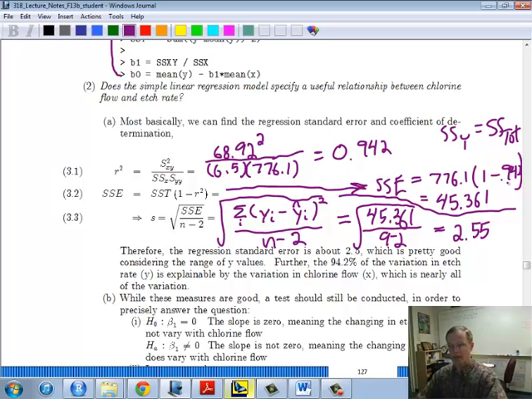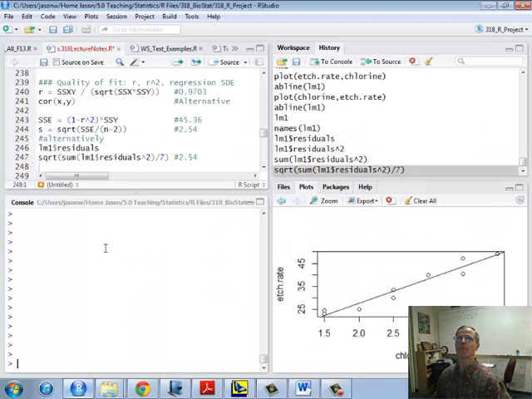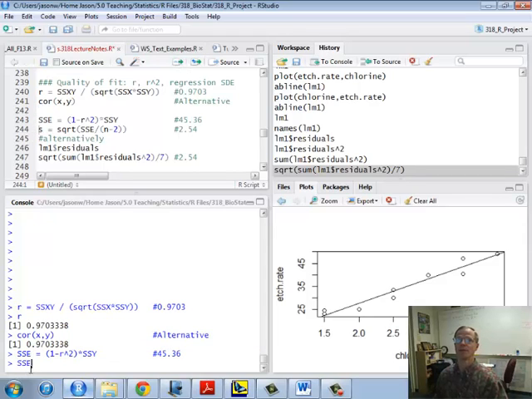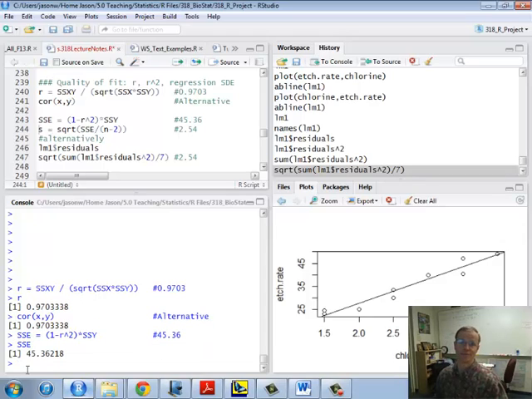Now, let's go ahead and do that on R briefly. In R, just moving down the file, we can hit it right here using the values we had. I've got R, it's 0.97, and if you just do the correlation, that's the same value using the formula. So SSE, we've got 45.36, we had that.